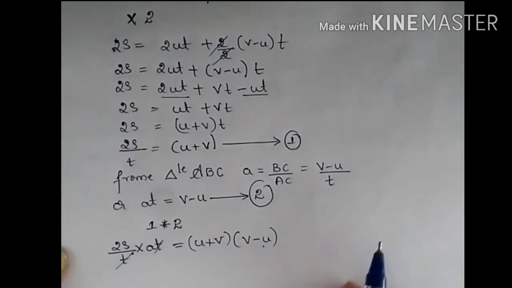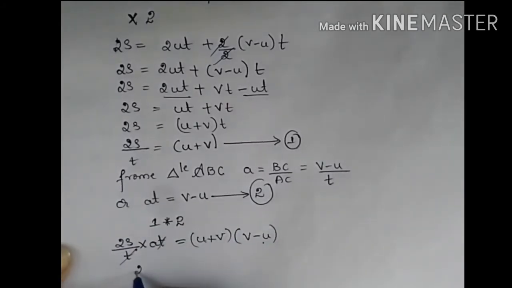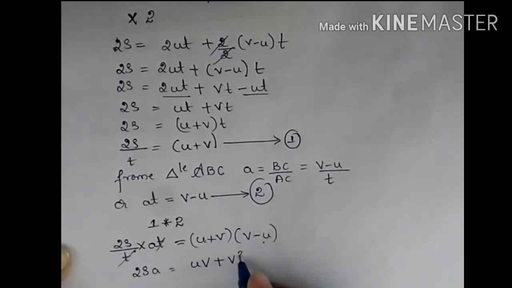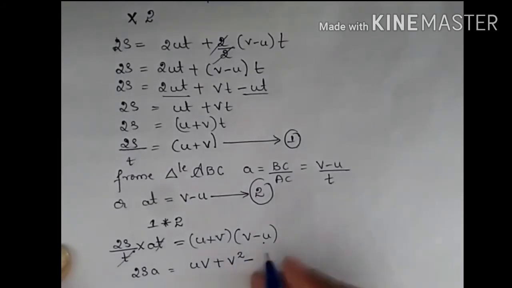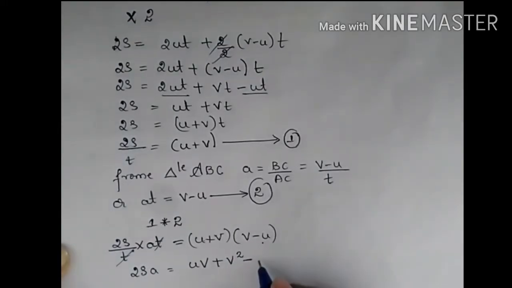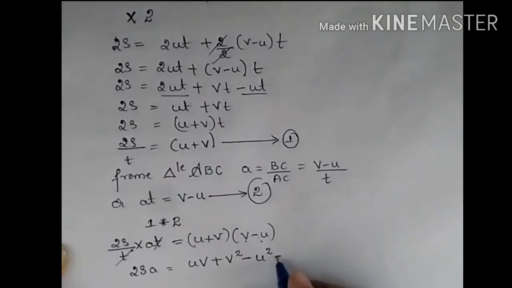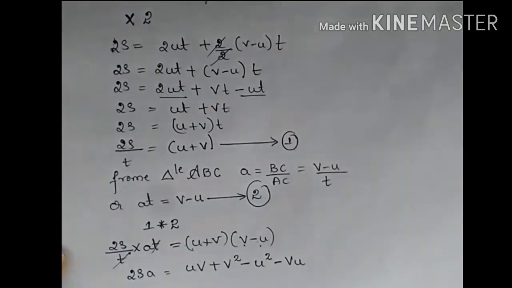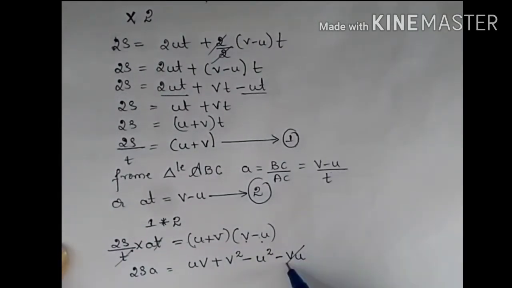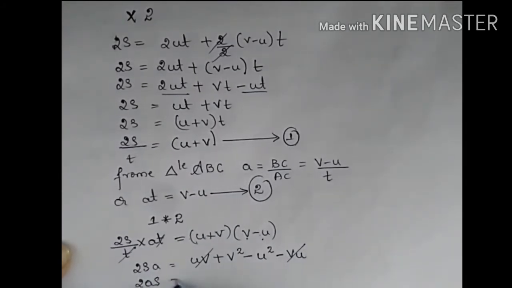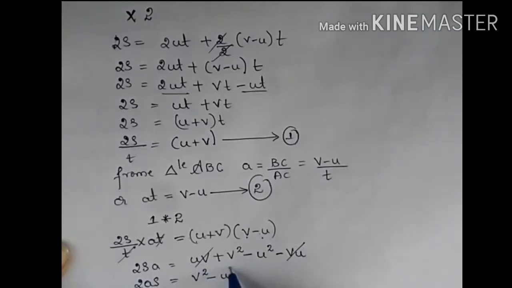If you multiply these two brackets, 2Sa will be equal to what? uv plus v square minus u square minus vu. So minus vu plus uv will get cancelled. So 2as is equal to v square minus u square.